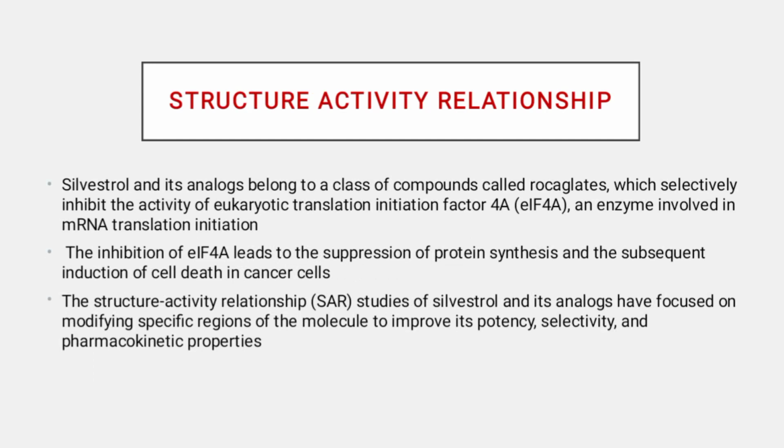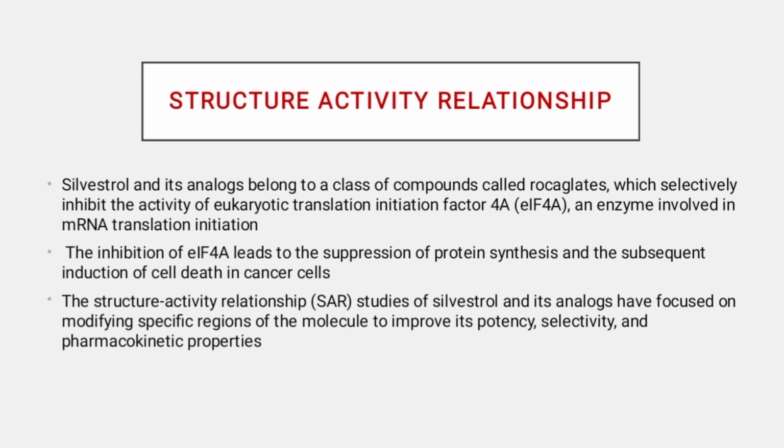So what is the structure-activity relationship of its analogs? Silvestrol and its analogs belong to a class of compounds called rocaglates, which selectively inhibit the activity of eukaryotic translation initiation factor 4A, an enzyme involved in messenger RNA translation initiation.